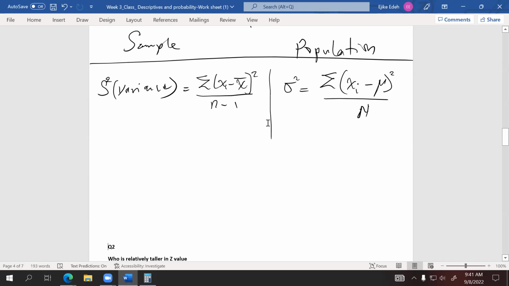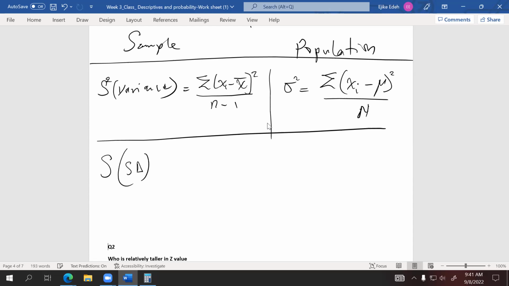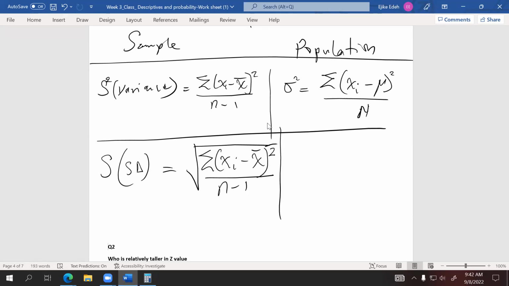Okay, so that is variance. And the standard deviation here is written as S. I'm going to be using SD to represent that to make it short. It's just the square root of whatever you have as your variance. So if you're asked to calculate standard deviation, you will need to calculate the variance and then just take the square root. This is the case for sample.